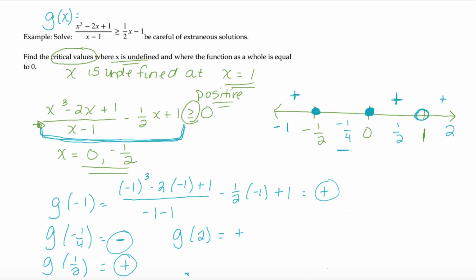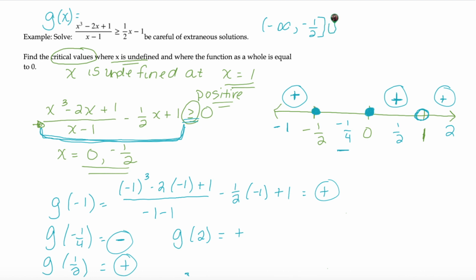So my solution set goes from, again, we're looking for only positives. So these are the ones that we are only interested in when I'm looking at my endpoints here. So my solution set goes from -infinity to -0.5. Notice I'm going to use a bracket because we have a closed circle.